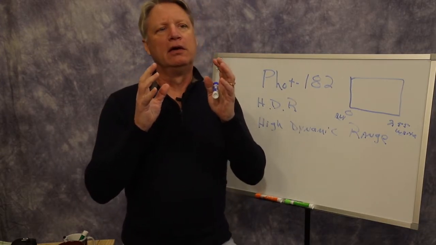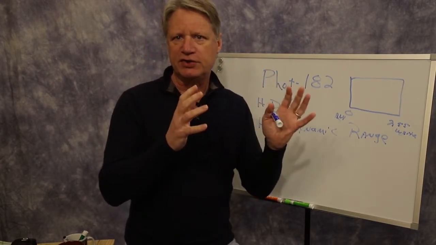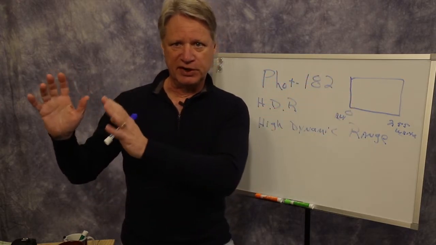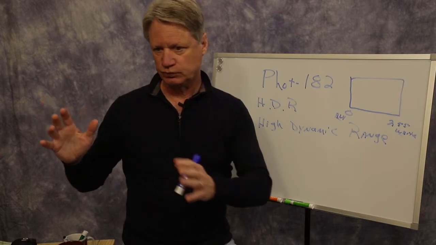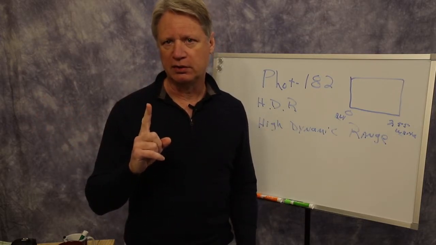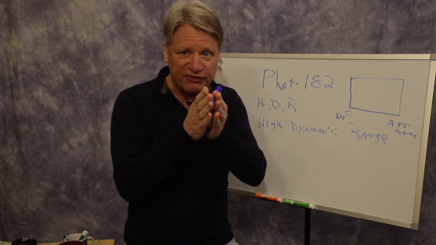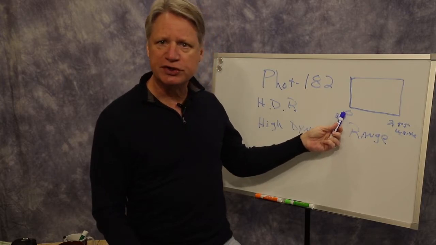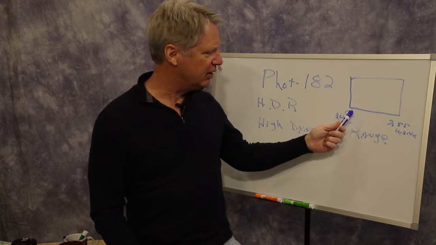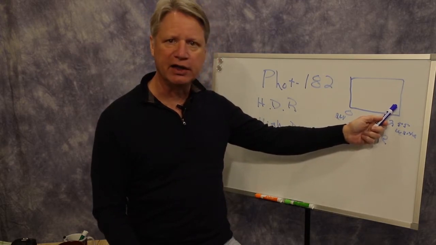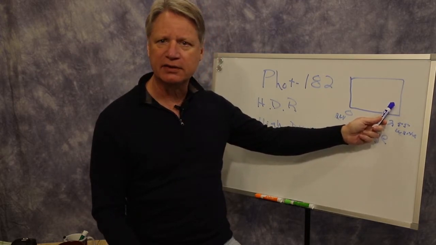Okay. So what if we're in a situation where we have some very bright elements in the scene and some pretty dark elements in the scene? Well, we can't capture that in one exposure, even if we pick the perfect exposure right in the middle, because we're going to lose some detail in the blacks or in the shadows, and we're going to lose some detail in the whites or in the highlights.